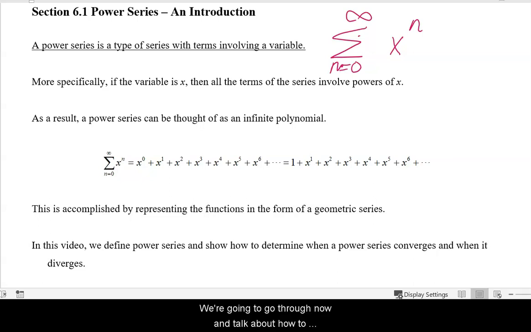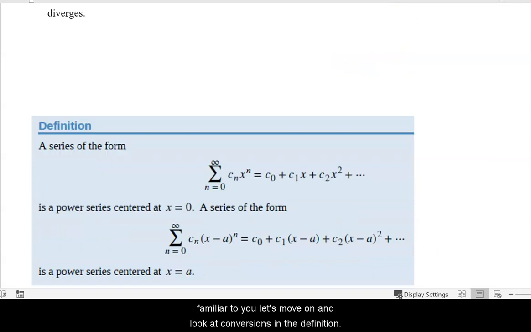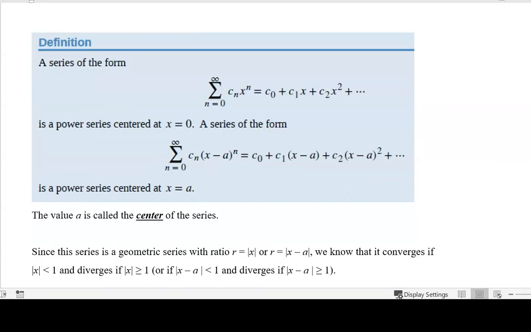We're going to go through now and talk about how to determine when a power series converges and when it diverges. And this will be based on the ideas behind a geometric series. We've looked at these in chapter 5, so this should be familiar to you. Let's move on and look at convergence and the definition.